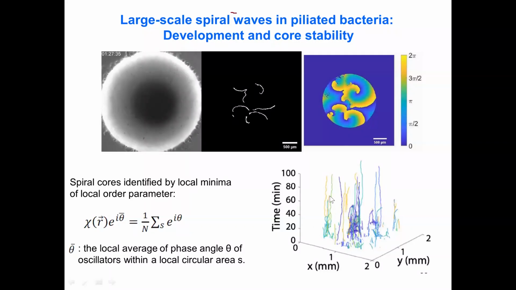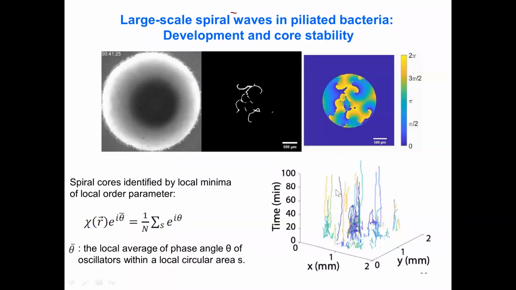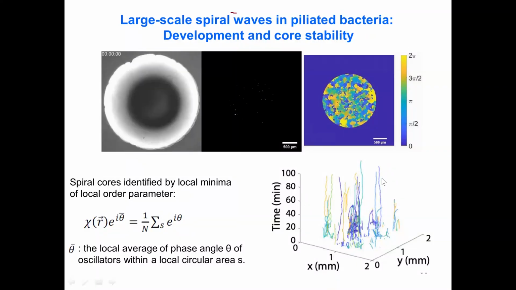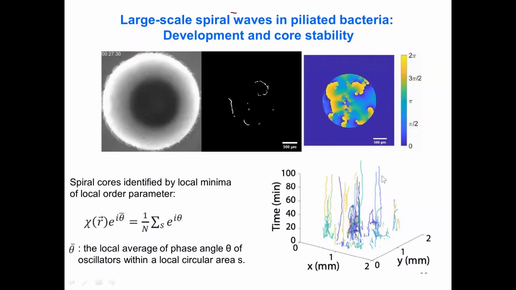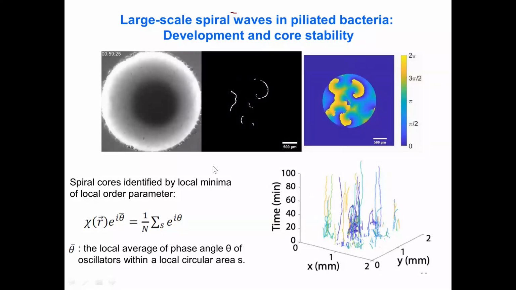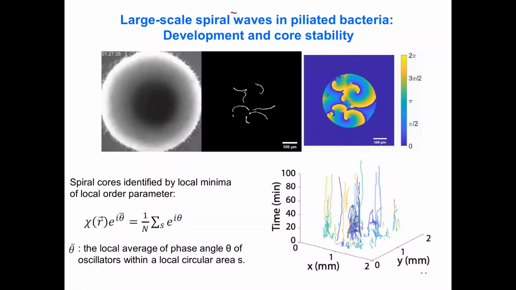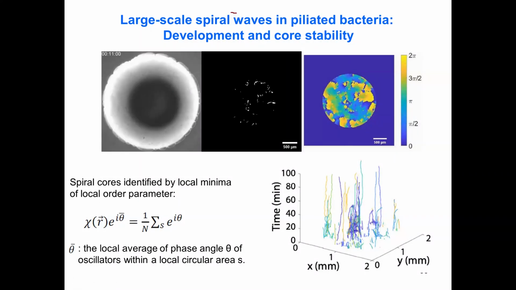And as time evolves, only several spiral cores will remain, and their trajectory now appear as straight lines, meaning that they are highly stable starting from these times. So this spiral wave is formed by a self-organized process.